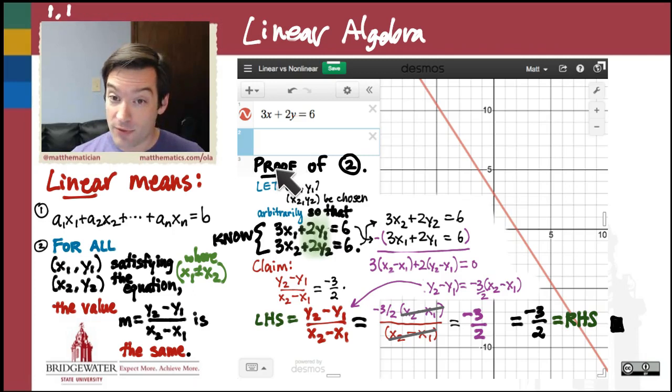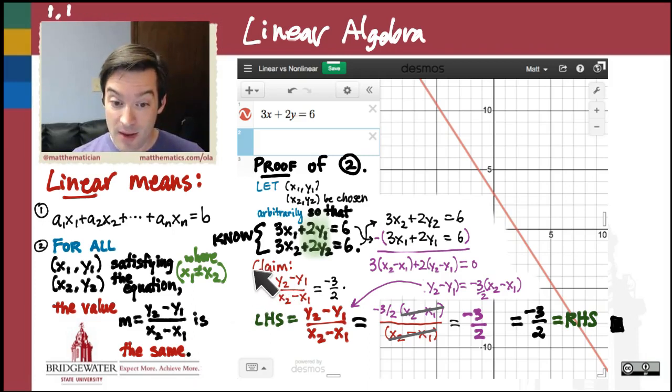So we just wrote a proof in which we said for all x1, y1, x2, y2 that the universe chooses which satisfy this equation, so in other words, if the universe chooses x1, y1, x2, y2 such that these 2 equations are each true, then when I form this ratio, which we called the slope in Algebra 1, that ratio will be the same regardless of the choice that was made.